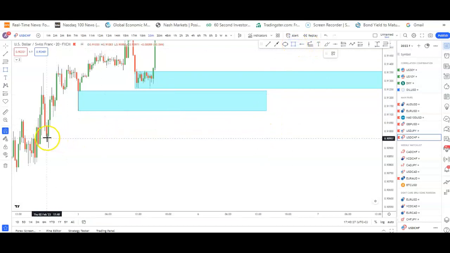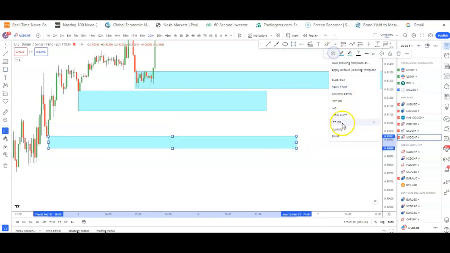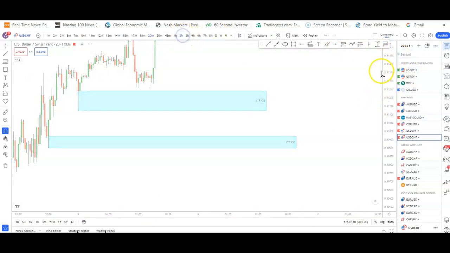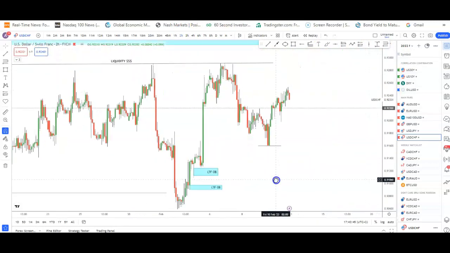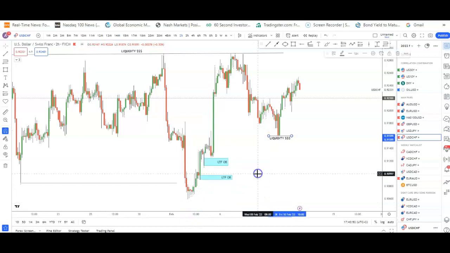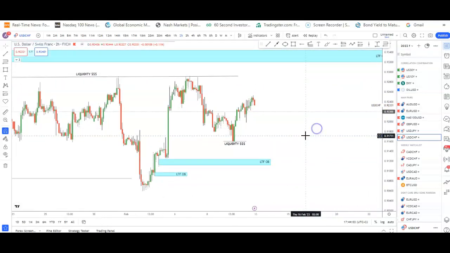These two zones on the 20-minute look more promising. Let's do that. So this should be our two potential entries.